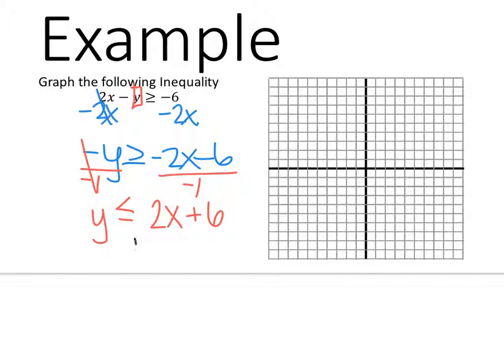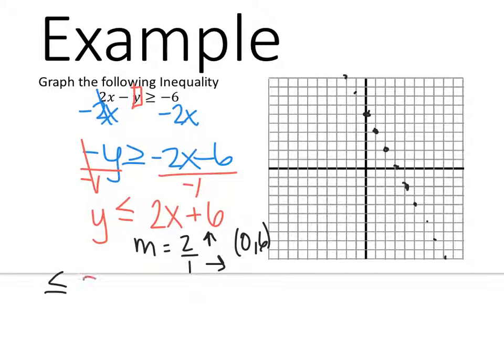So same thing, my slope is 2, which means I'm going to go up 2 and to the right 1, and then my y-intercept is 0, 6. So the first thing I'm going to do is just plot all my points. Then we have to look at our inequality symbol. I have a less than or equal to.